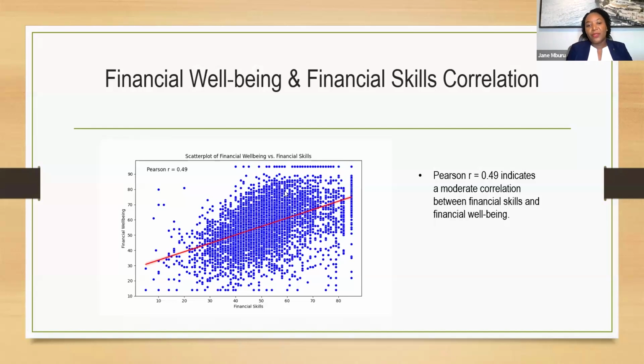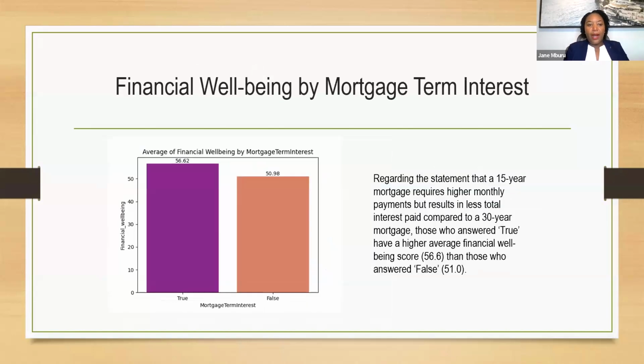And this can be attributed to the higher standard deviations that we saw in the two previous histograms.